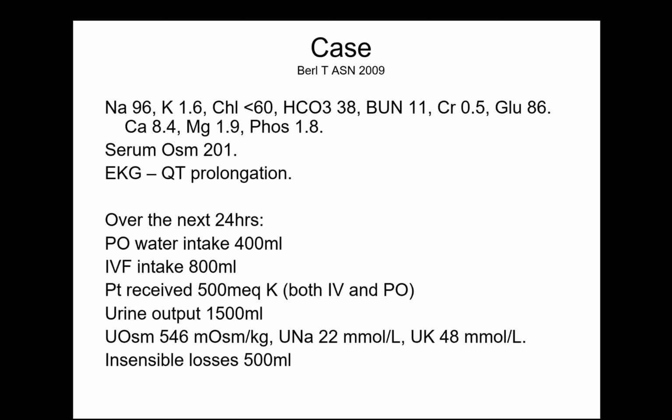And she put out 1,500 cc's of urine. The content of her urine: osm 546, urine sodium 22, and urine potassium 48. And we will estimate her insensible losses at 500, just for the point of this exercise. So this is her total I's and O's.